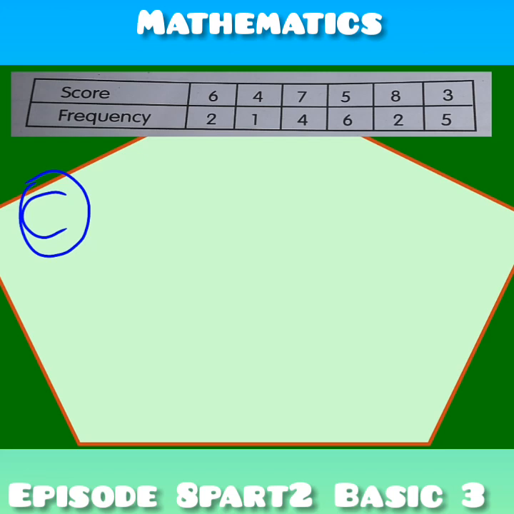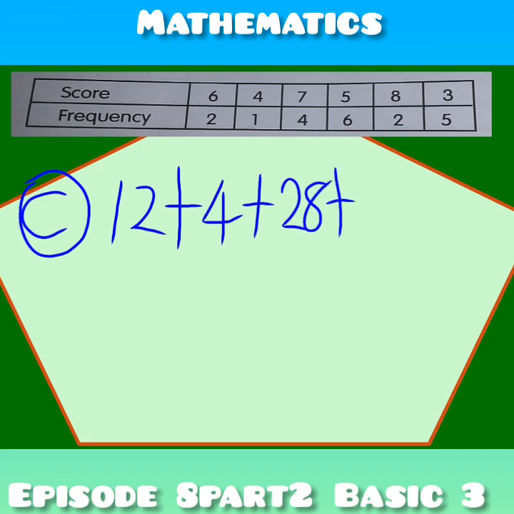what we will do is multiply 6 times 2 gives us 12. We add 4 times 1, 4. We add 7 times 4, 28. 6 times 5, 30. 8 times 2, 16. And 3 times 5, 15.